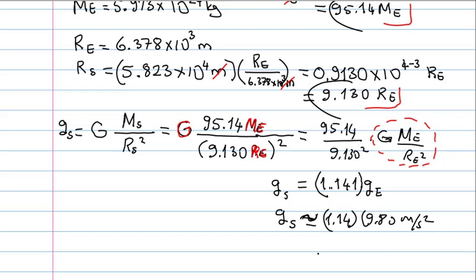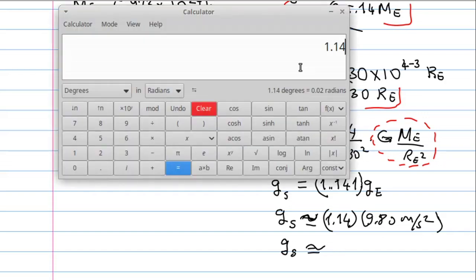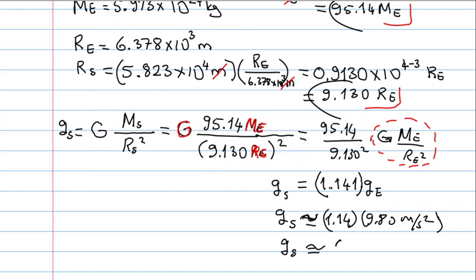So g Saturn is about 1.14 times 9.8, about 11.2 meters per second squared.